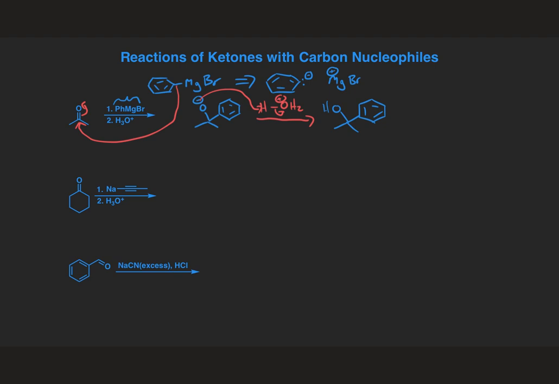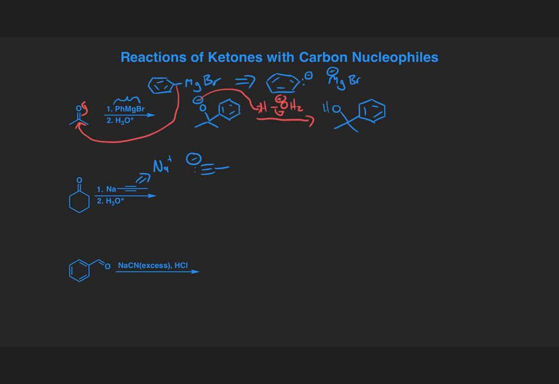If you look at sodium acetylide, that's this molecule here, or this reagent, that again is going to react just like you have a C minus, and so this really breaks apart into Na plus and a C minus.